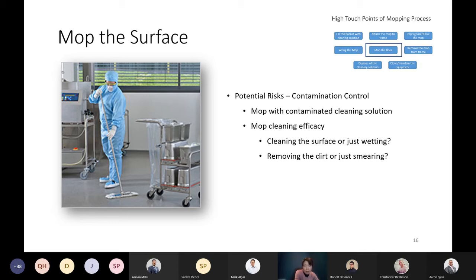And then from a mop cleaning efficiency standpoint, if a mop is not very well designed, are you really cleaning the surface or are you just wetting it? And then also, are you really removing the dirt from the surface or are you actually smearing it? So these are the questions that we need to ask when we evaluate mops, the textile part of the system.